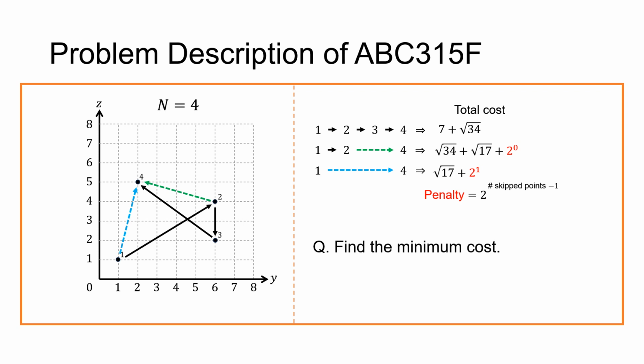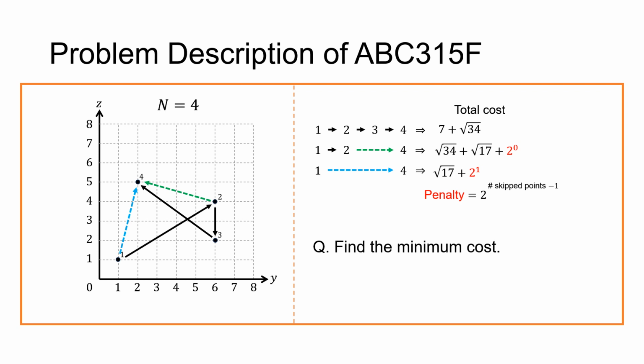Let's start with the problem statement. We have n points on a coordinate plane. They are labeled with numbers from 1 to n. We start with 1 and travel to n, passing through points in ascending order. We are allowed to skip some points, but a penalty will be imposed depending on the number of skipped points.